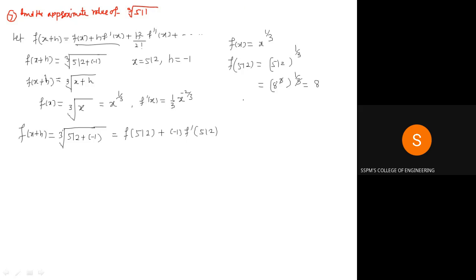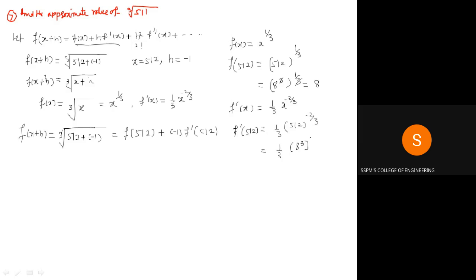Okay, now next to find the f dash of x. So f dash of x क्या होता है? 1/3 into x raised to -2/3 ऐसी वैल्यू. तो f dash of 512 लेना. So 1/3 टाइम्स x की वैल्यू आप लोगों को 512 सब्स्टिट्यूट करना है raised to -2/3. So 512 is nothing but cube of 8. So I have to write there in the form of cube.